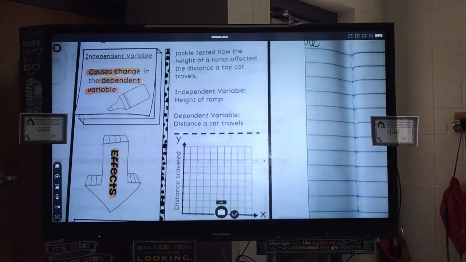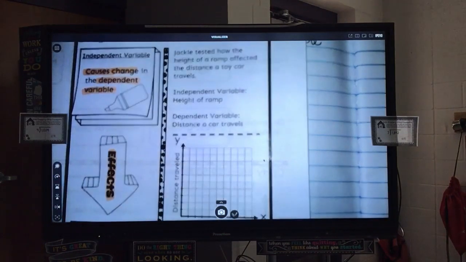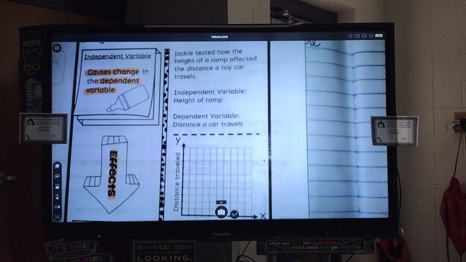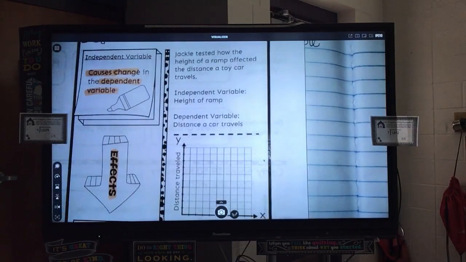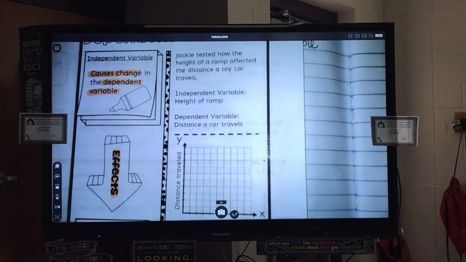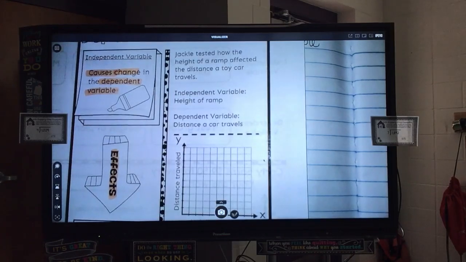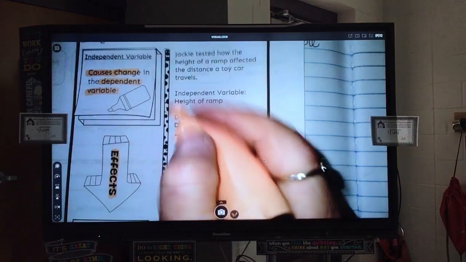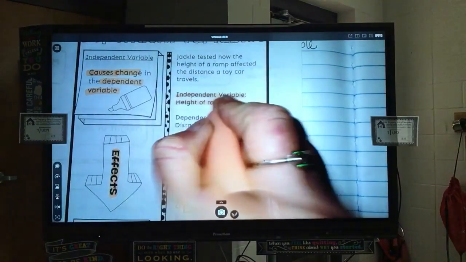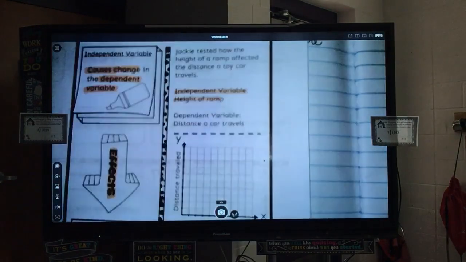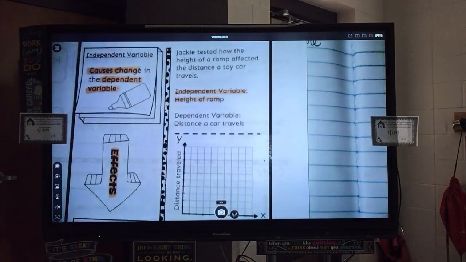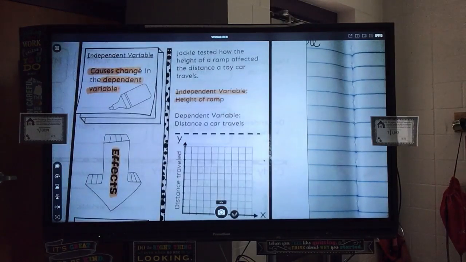Alright, so here's an example of independent variables and dependent variables when it comes to math and science. Jackie tested how the height of a ramp affects the distance a toy car travels. So your independent variable here is the height of the ramp. Okay? And the height of the ramp determines the distance the car will travel.